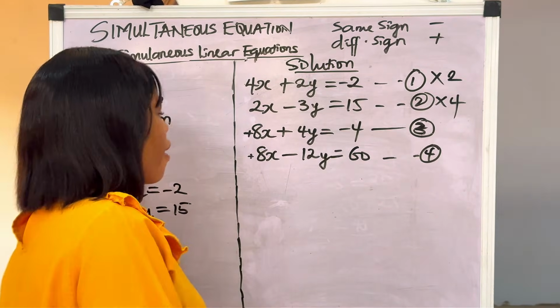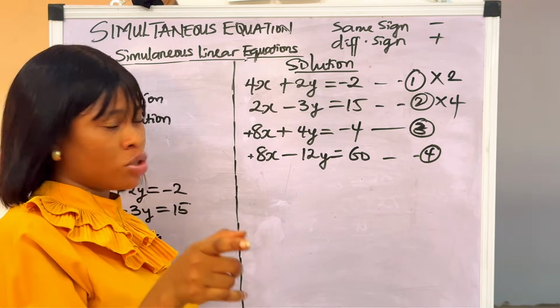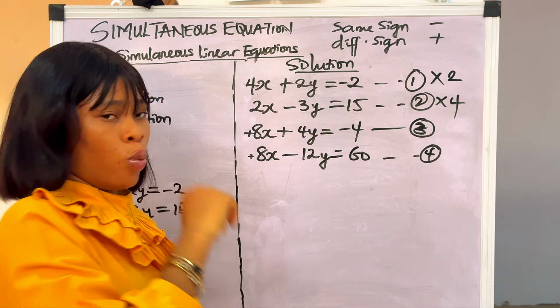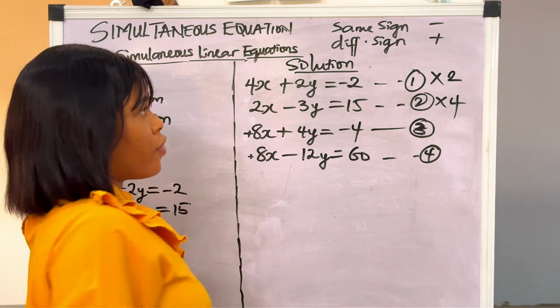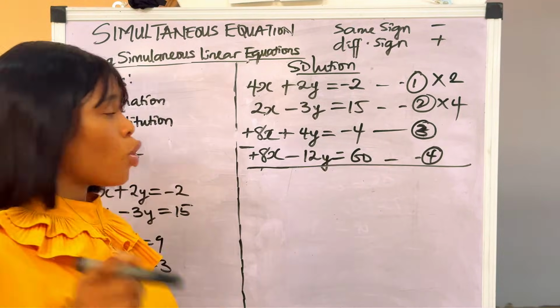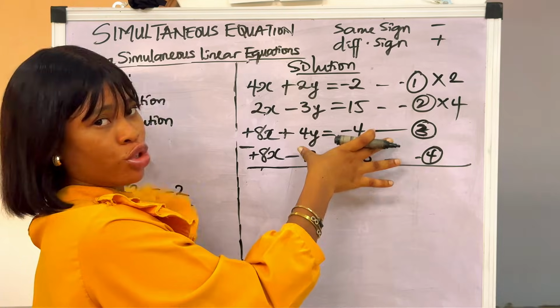So when they have the same sign, plus plus, we subtract both equations. If it is minus minus, we also subtract both equations. But when the signs are different, we add. So we'll be subtracting equation 4 from equation 3.